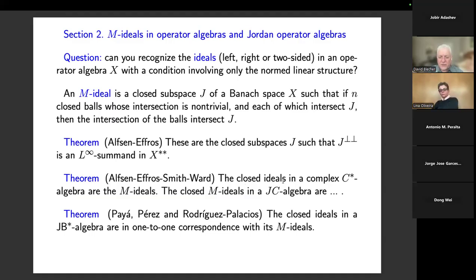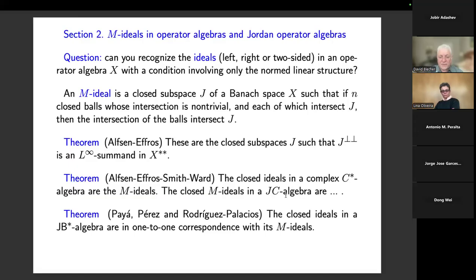The closed ideals in a complex C-star algebra are exactly the M ideals. The closed M ideals in a JC algebra. In the actual Alfsen and Effros paper, they don't characterize the closed ideals in a complex C-star algebra, but they do characterize the closed ideals in a JC algebra.